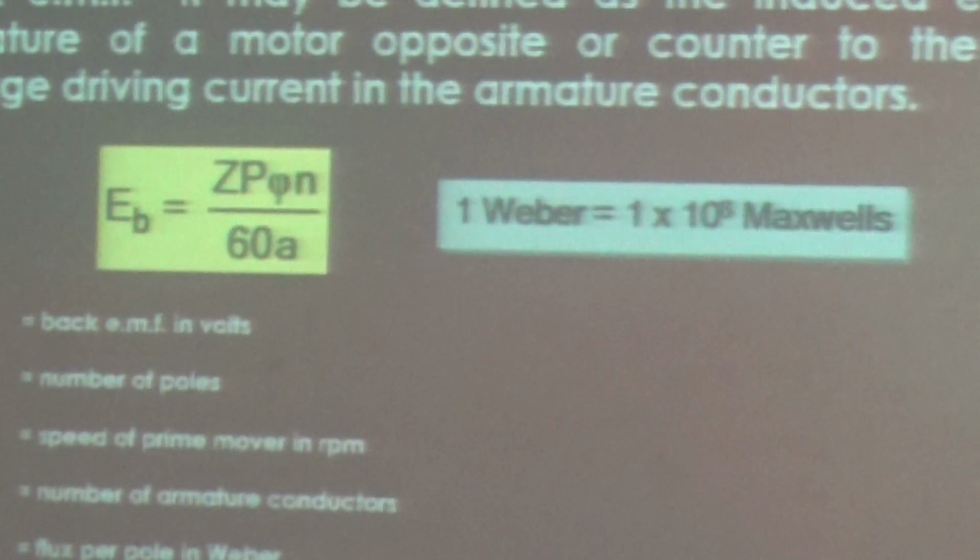So, EB is equals to ZPΦN over 60A. Wherein, yung 1 Weber is equals to 1 times 10 to the 8 maxwells.